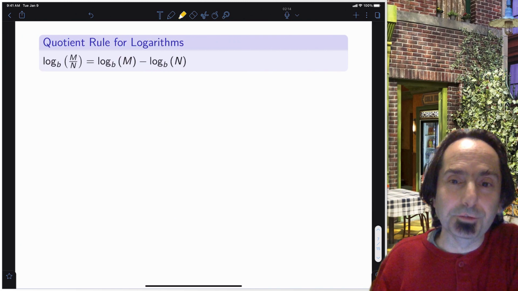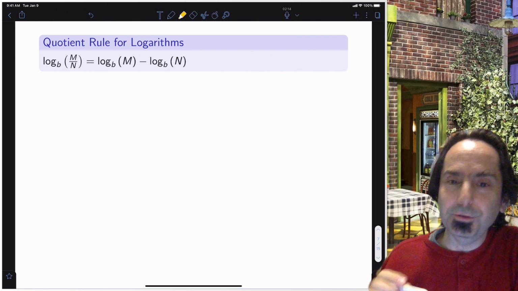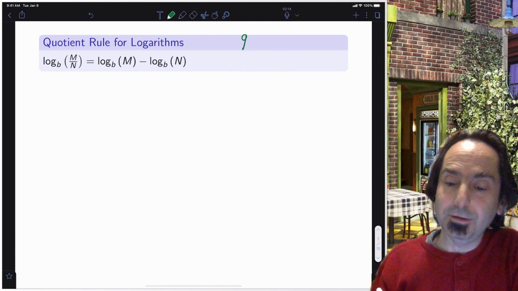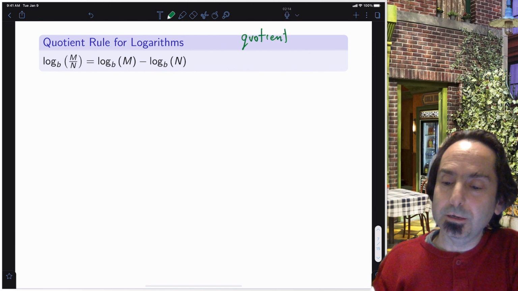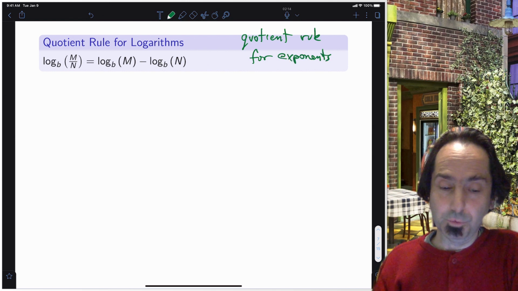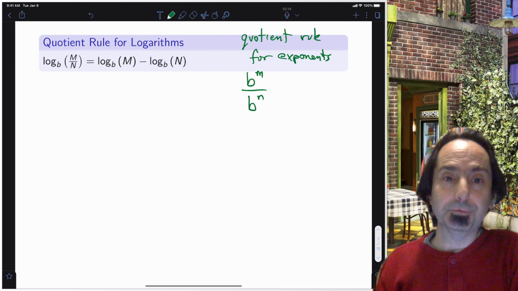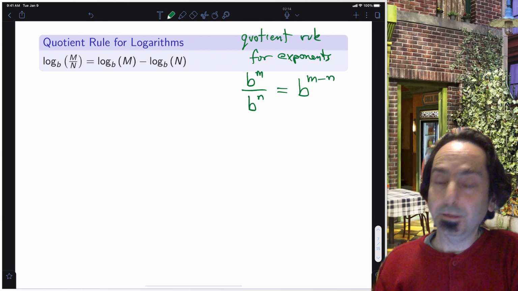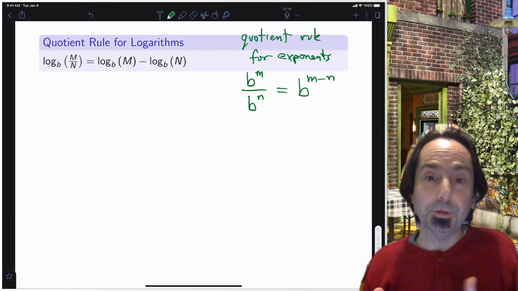The quotient rule for logs. You know, I bet you could do this in your sleep if you remember the product rule for logs. And this is going to depend on the quotient rule for, you guessed it, exponents. Well, the quotient rule for exponents says that if you have the quotient of exponents, you can combine those into one exponent by subtracting. That's it. That's the quotient rule for exponents.